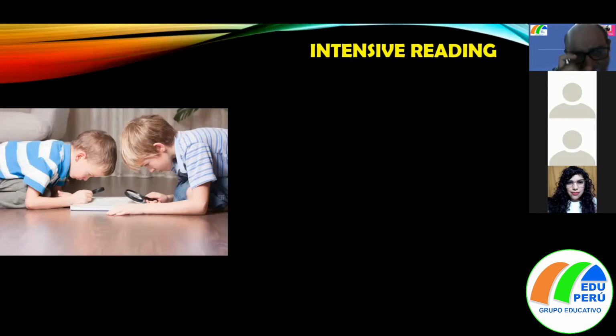They are using this magnifying glass to look very carefully at the text, right? Maybe the letters are too small. So they are using these magnifying glasses to look at the text better in a deeper way. So they are looking thoroughly at the text. And this is what intensive reading is related to.